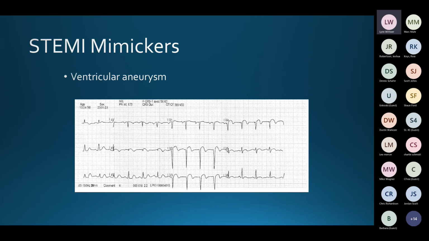Now, in this case, you also see that it's a narrow complex, but there's quite a prominent S wave. This basically is the QS, and this is probably left over from his full thickness myocardial infarction.